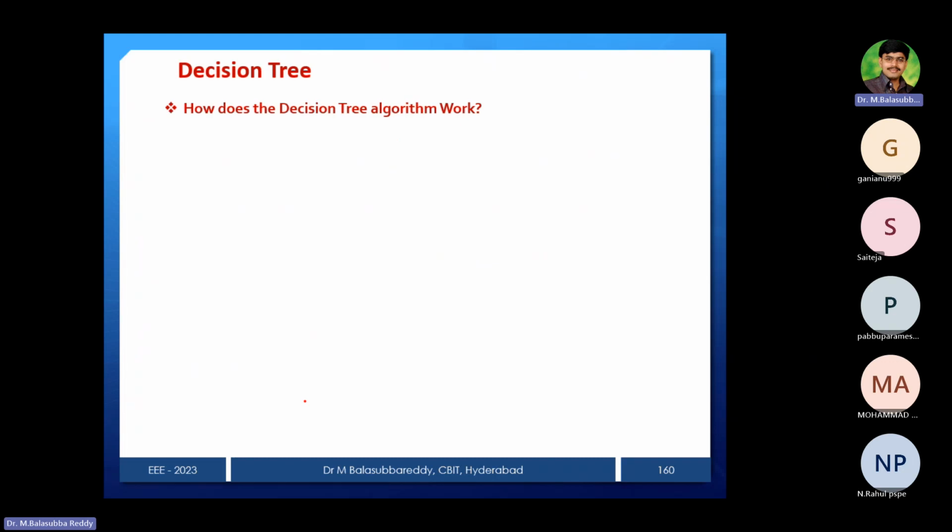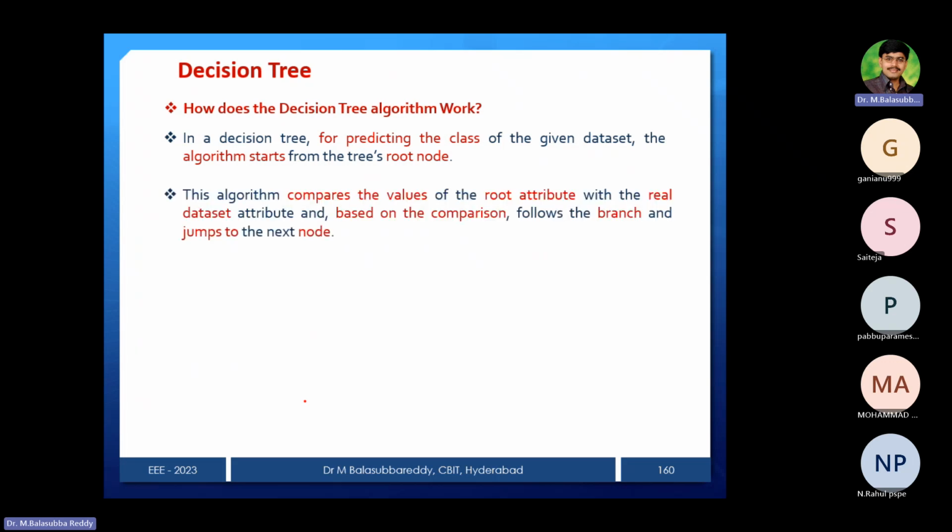So how does the decision tree algorithm work? We'll see some points. For predicting the class of a given data set, the algorithm starts from the root node and compares the value of the root attribute with the real data set attribute. Based on the comparison, it follows the branch and jumps to the next node.